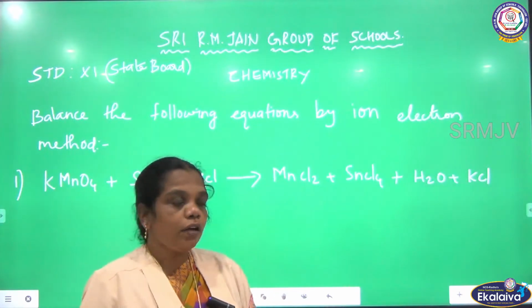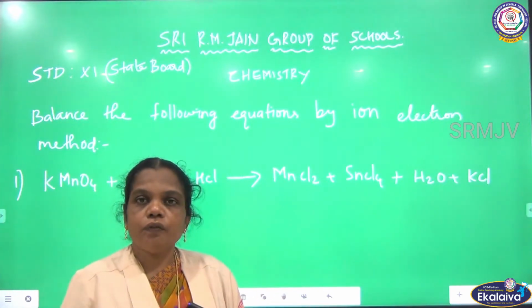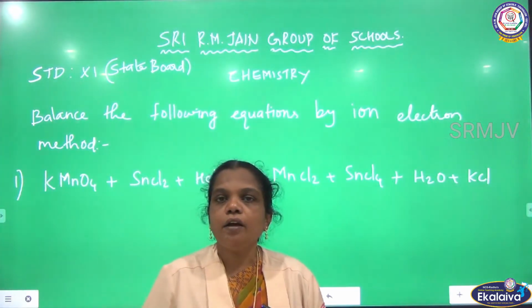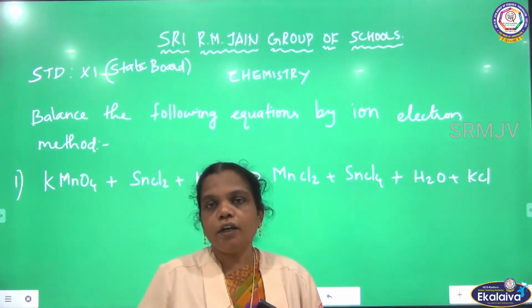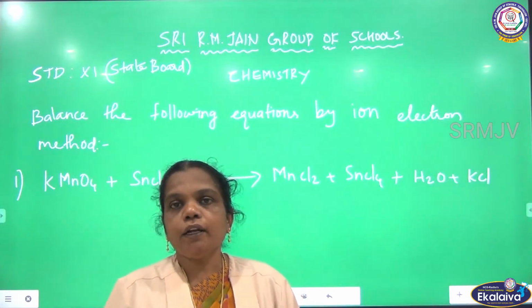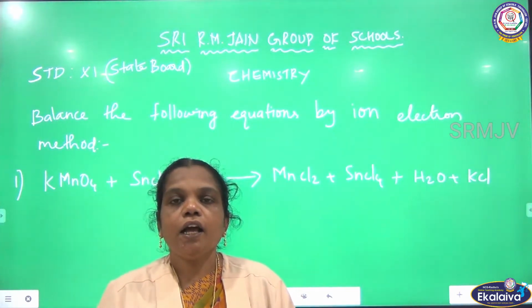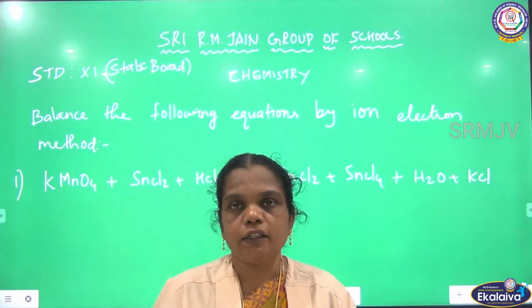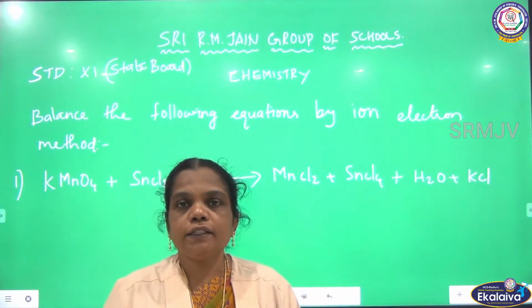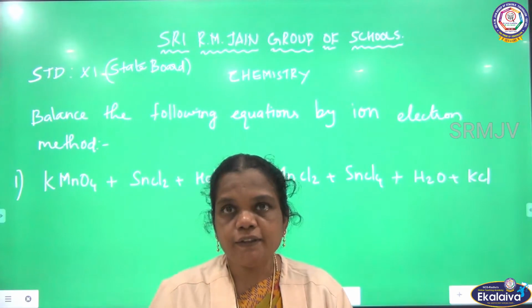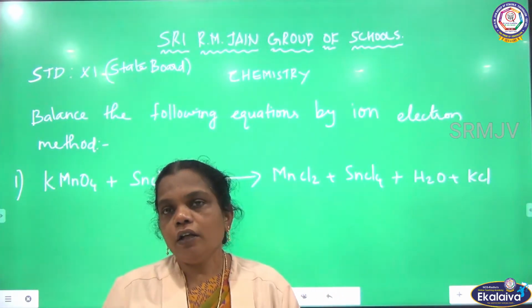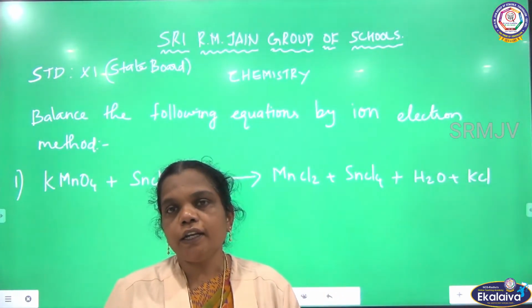In the ion electron method also, first you have to assign the oxidation number for all the elements, and then find out which element undergoes oxidation and which one undergoes reduction. You know that already: oxidation means loss of electrons, reduction means gain of electrons. How do you know oxidation and reduction?